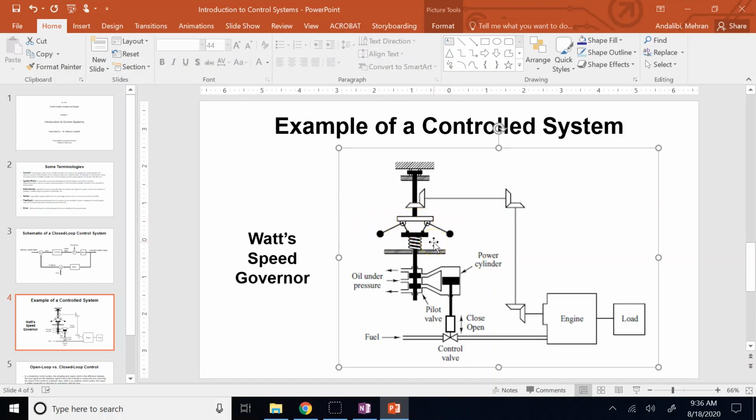Since they are acting like pendulums, the faster that you rotate this shaft, or the faster the engine rotates, the faster this object spins about itself. And when this object rotates faster about itself, the angle of these two pendulums will be bigger and bigger, so they spread out, okay?